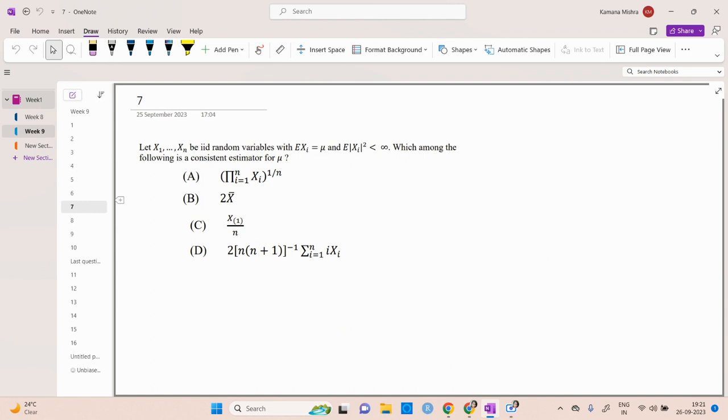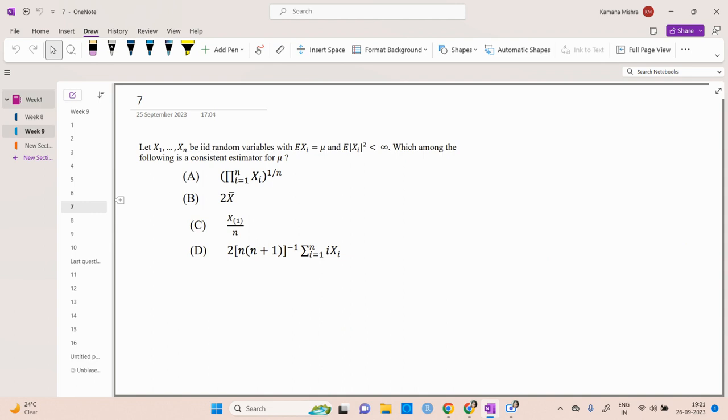So next question given here is that which of the following here is a consistent estimator of mu? So for a consistent estimator of mu, firstly we can check whether it is unbiased or not. If it is unbiased, then only it can be consistent.